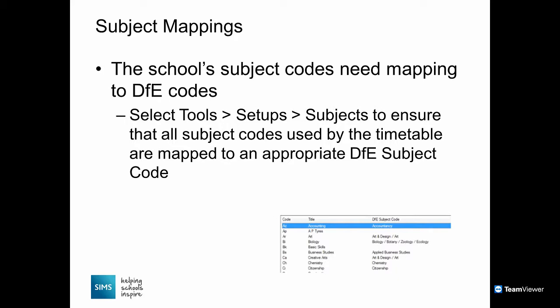It's a great big long list, but it's simply a matter of going Tools, Set Up, Subjects, and using the little mapping thing there to select a DfE subject code from a drop-down for each subject code which appears on the timetable. Hopefully that's clearish. What it will do then is report against the DfE subject code rather than the ones you're using in school.